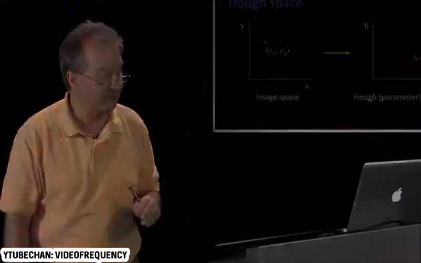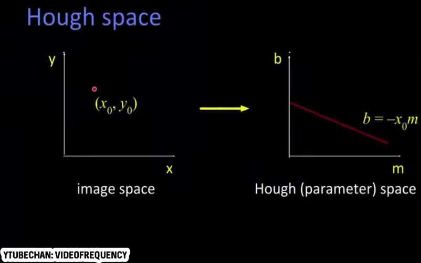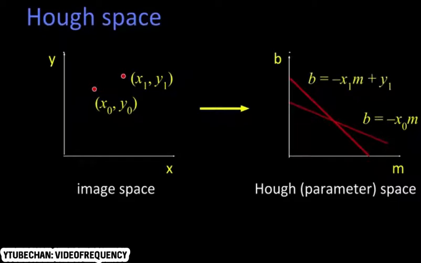This is the duality. Well, if we have one point, what happens if we have a second point, x1, y1? Well, that's going to be another line, right? That's going to be a line with b equals minus x1m plus y1. And so now here's the really cool question. What line would be consistent with both points?